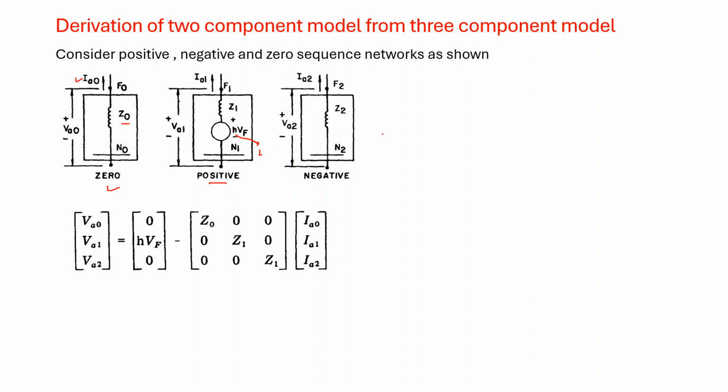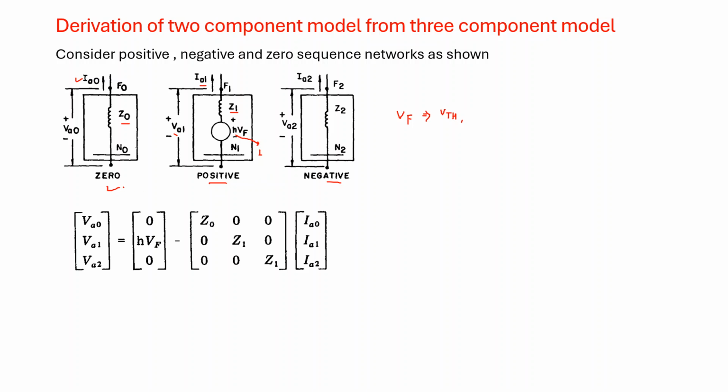VF is the Thevenin voltage seen from the fault point. Z1 is the positive sequence impedance, I1 is the positive sequence current, and VA1 is the positive sequence voltage. This is the negative sequence network.